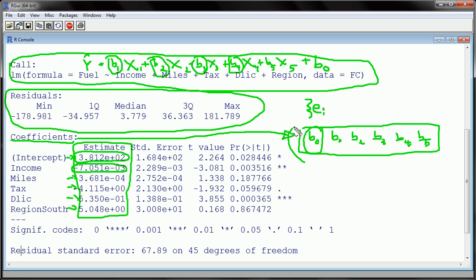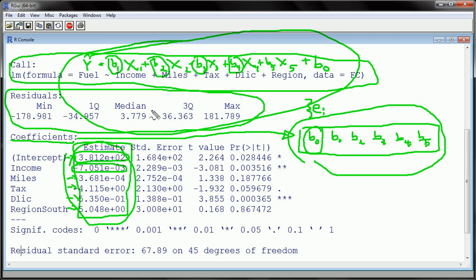So these 6 coefficients actually have values now, and you can replace them in this equation up here with the actual values and write out the whole equation. Instead of having these b's, you can put these numbers. And that will be our multiple regression model.